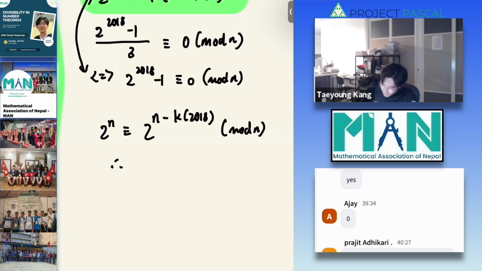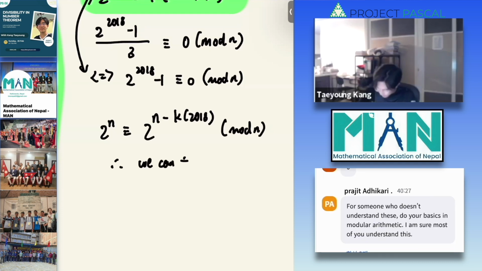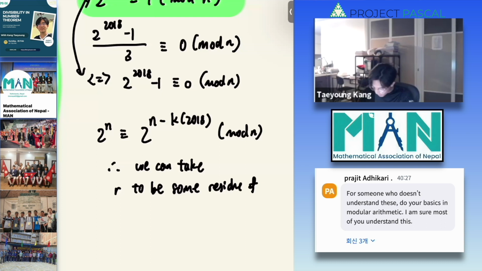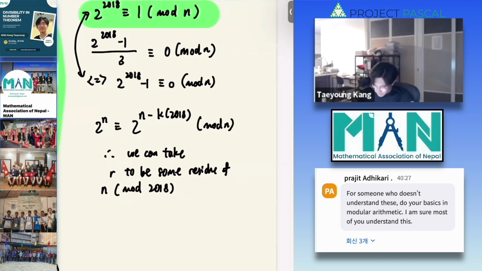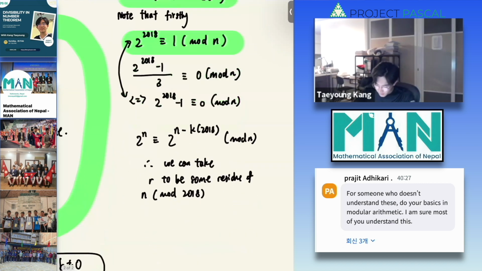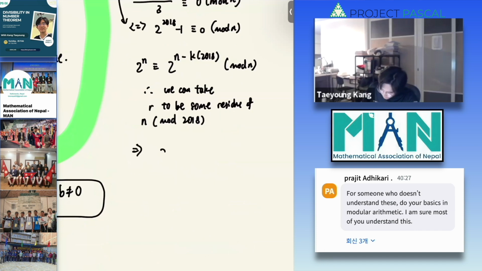Hence, we can take r to be some residue of n mod 2018. So since n is congruent to 1 mod 2018, it implies that 2 to the power of n is congruent to 2 mod n, and hence 2 to the power of n minus 2 is divisible by n.